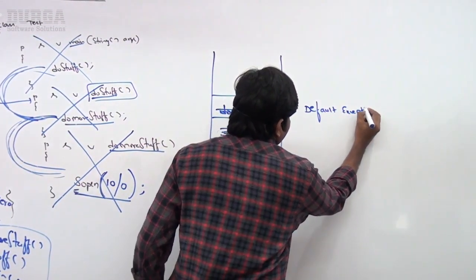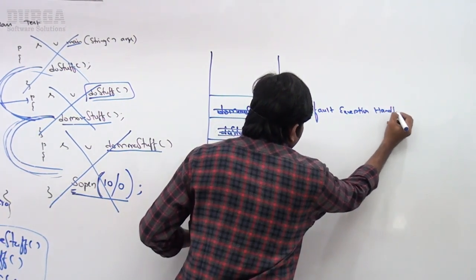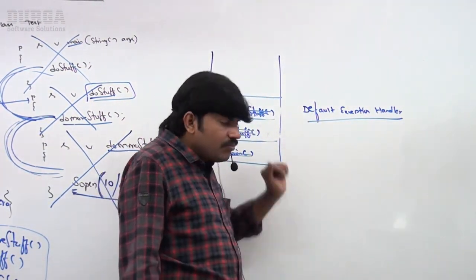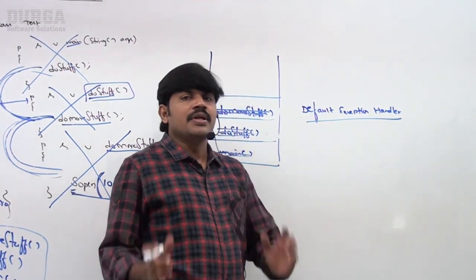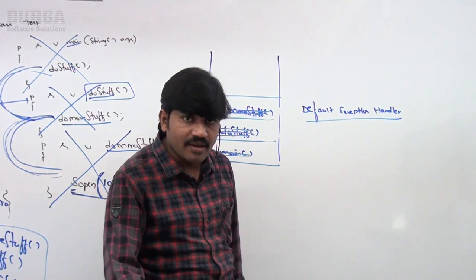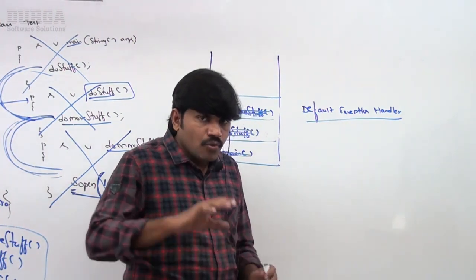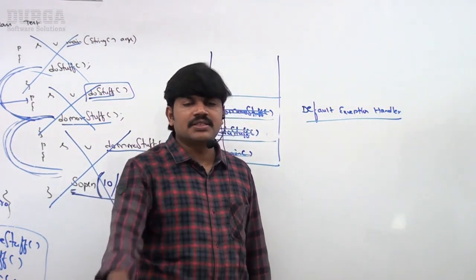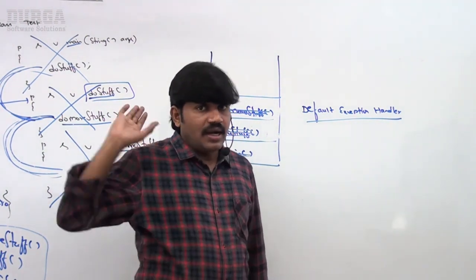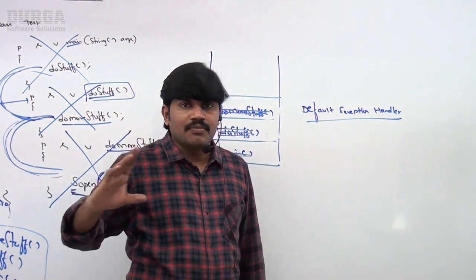Default exception handler is the assistant, right? Now immediately JVM is going to hand over exception object to the default exception handler to handle. Default exception handler won't do anything, just print exception information to the console and terminate the program abnormally.